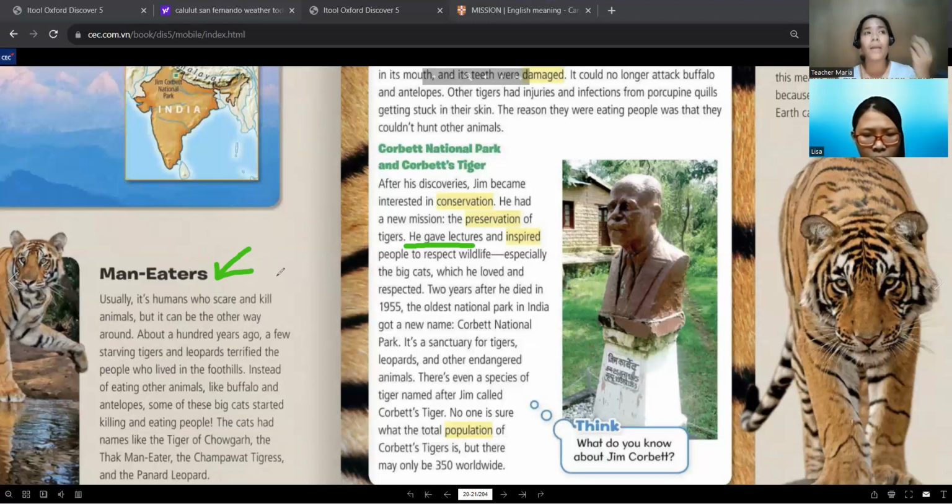Because people started to kill the animals, right? Yes, it's vice versa. The people started to kill the animals, but the animals are only protecting themselves from these poachers, right? Now, okay.